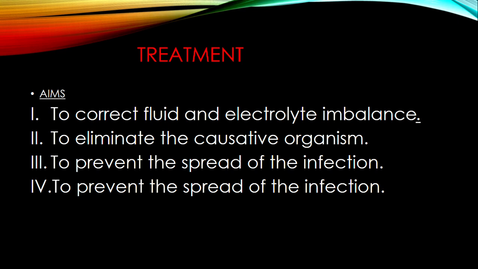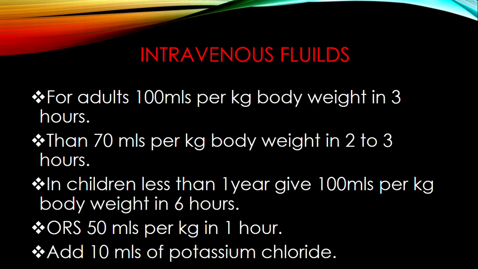As we saw even in the risk factors, we said living with a patient or a person with cholera can put at risk everyone in the house of having that cholera. So we want to make sure that we isolate this patient, manage them accordingly, and prevent the spread of the infection. So those are the aims of management. So when it comes to intravenous fluids, they are going to be administered as follows.